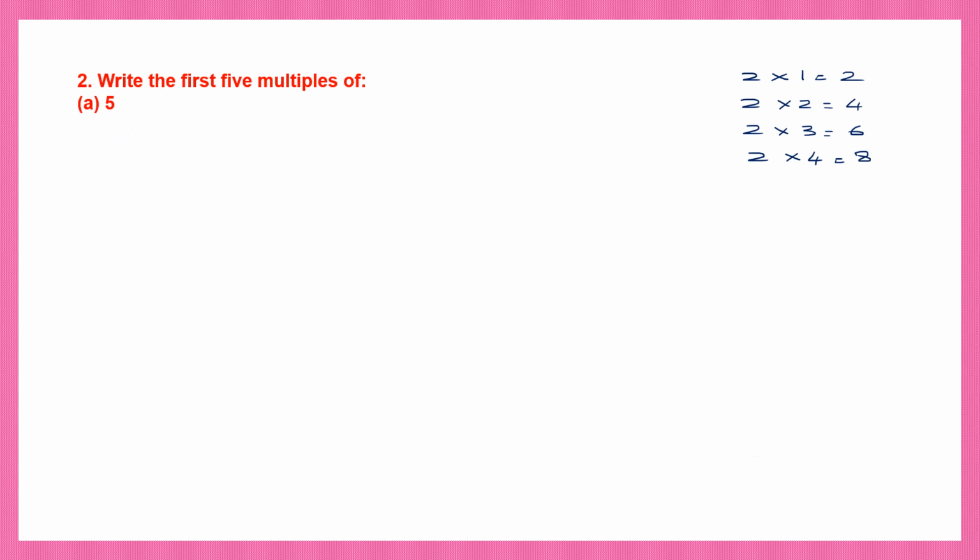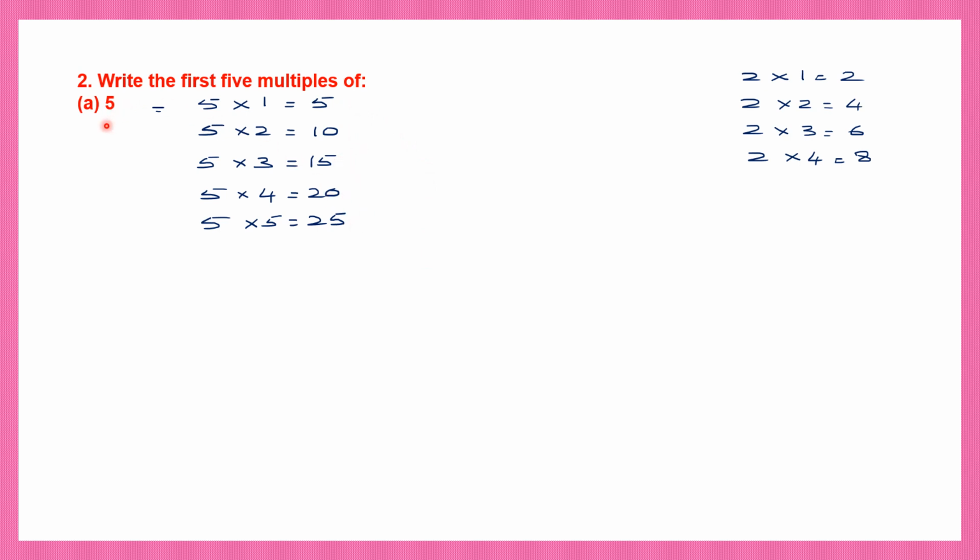So here we are asked to write the first 5 multiples of 5. So that will be 5 into 1. We start with 1, since the first 5 means you include 1. 5 ones are 5. 5 twos are 10. 5 threes are 15. 5 fours are 20. So this is 4 multiples, 1 more, 5 fives are 25. You have to write 5 multiples and the answers that you've got are 5, 10, 15, 20, 25.